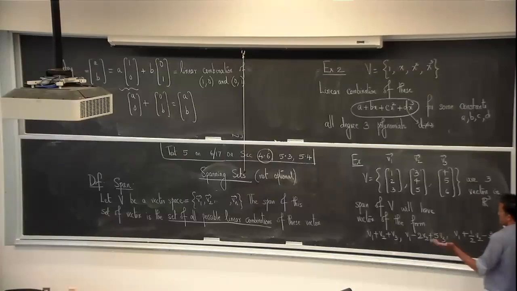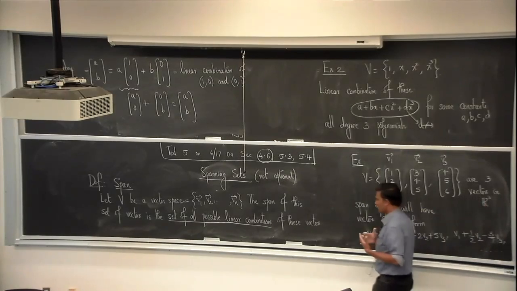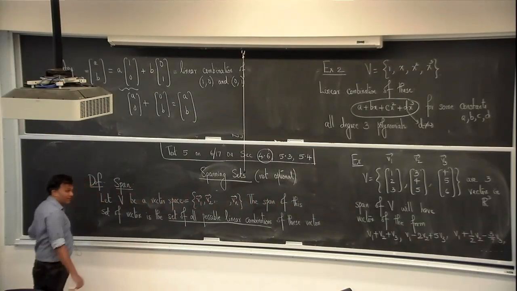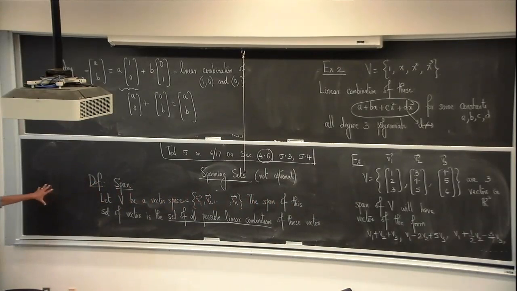You can even just write V1 with 0 V2 and 0 V3. There are infinitely many possible ways of combining these vectors using some constants C1, C2, C3, and so on. A set of all those things is what constitutes the span of those vectors. You cannot list everything because it's an infinite list.